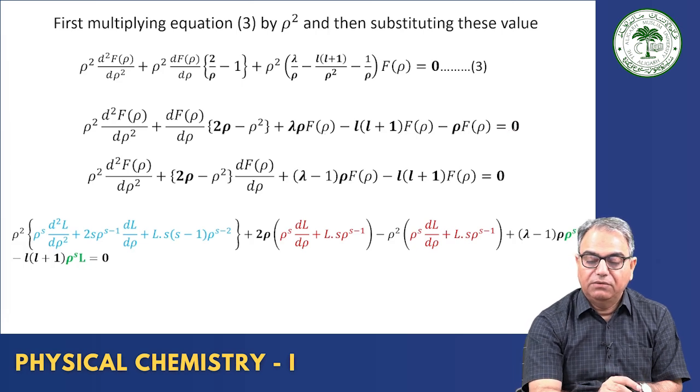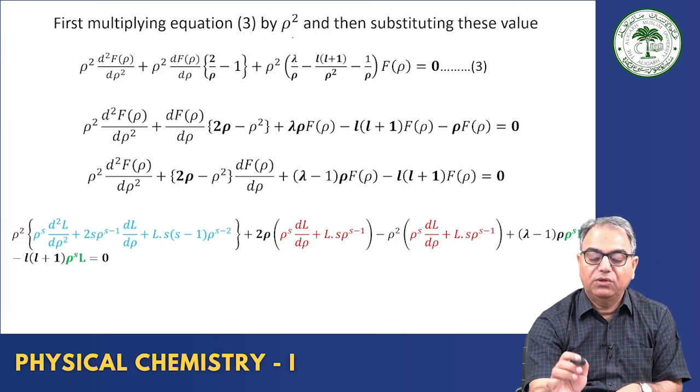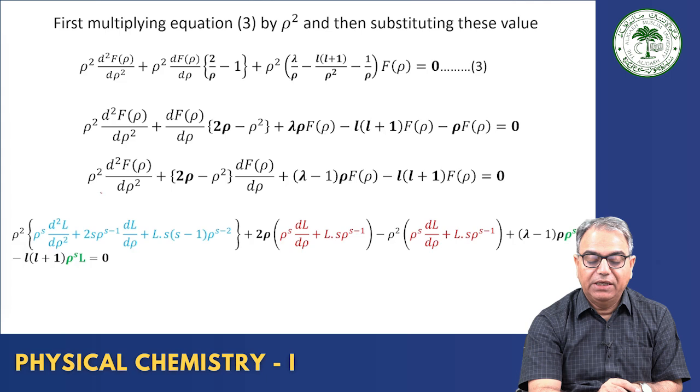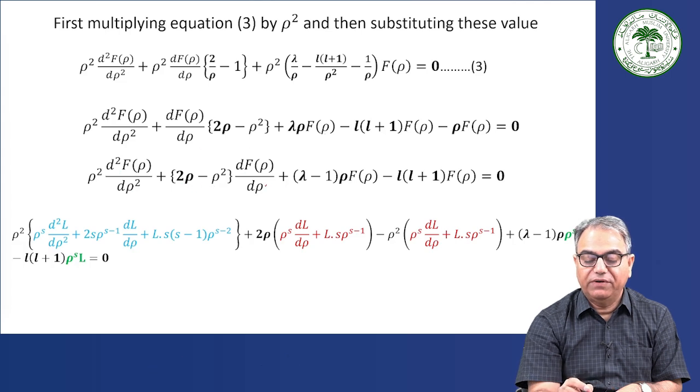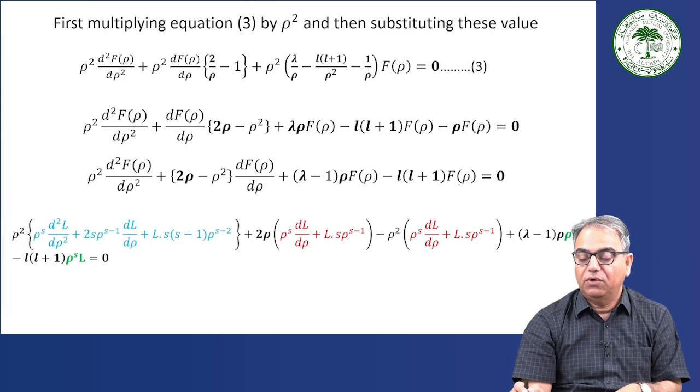So, you have multiplied the whole equation by rho square, so no issue, and then with slight rearrangement: rho square d square f rho divided by d rho square plus (2 rho minus rho square) d f rho divided by d rho plus (lambda minus 1) rho into f rho minus L into L plus 1 f rho, okay, is equal to 0.